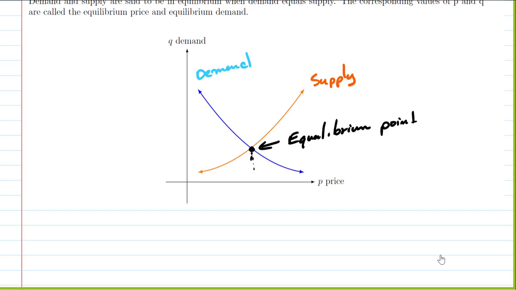So the coordinate that's down here on our horizontal axis is, since that's price, our equilibrium price. And the coordinate on our vertical axis is the equilibrium demand.